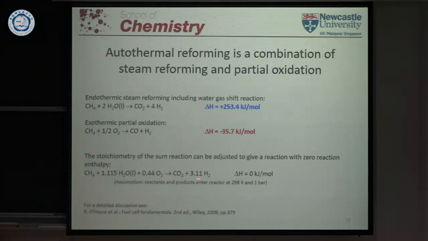And this is shown here as a reaction for this stoichiometry. I would get actually a reaction heat of zero, but there's actually some assumption that's shown here. Of course, if you change the pressure, when you change the temperature, then the molar ratios change as well. So you have to define actually the conditions under which that would happen.